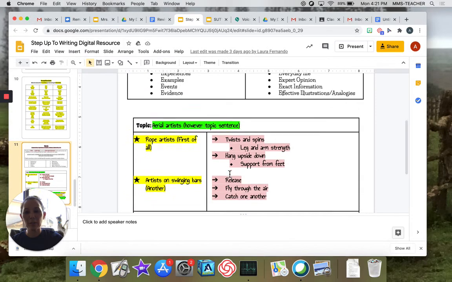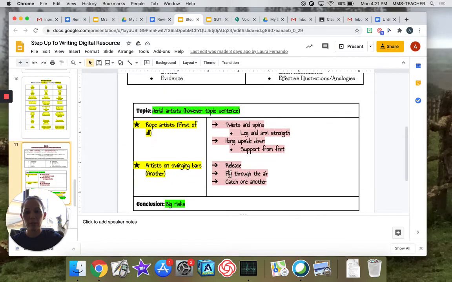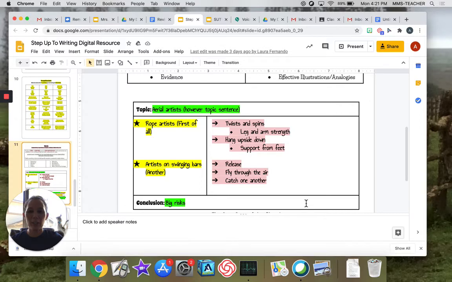So here's an example of a T-chart, and the topic is aerial artists, and I'll show you in a little bit in our paragraph that we're going to do a however topic sentence for this topic. So aerial artists. Well, the first star, the first key idea is that rope artists, they twist and spin, and you need a lot of leg and arm strength. They also hang upside down, and they are supported from their feet.